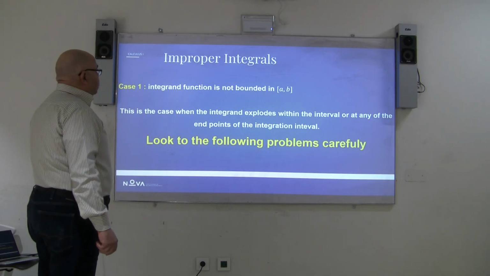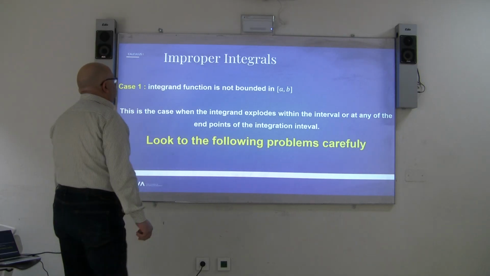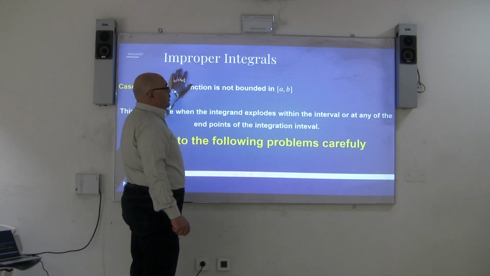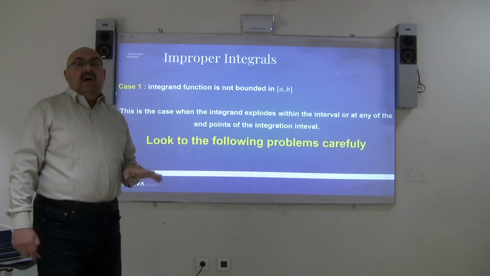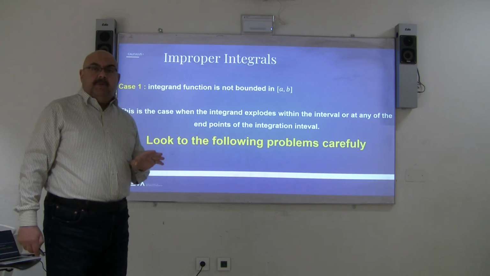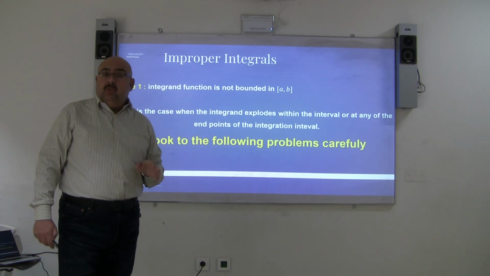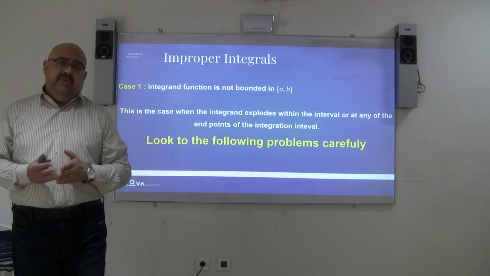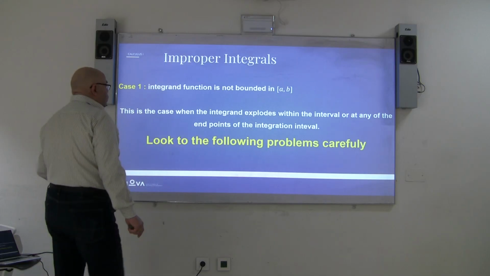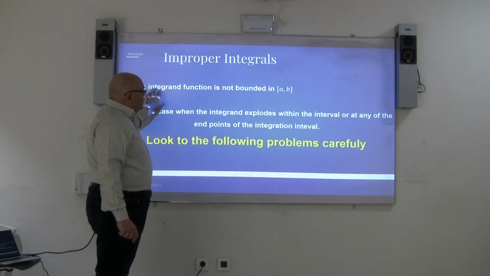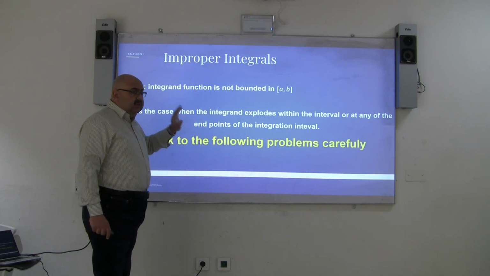As I told you, our agenda today, we will start with the definition of the improper integrals. We have two types of them. We will go through them. Then I've tried to put as many problems as it will take just to grasp most of the ideas about this topic. So the first case that you may face is that the integral function is not bounded in [a, b].